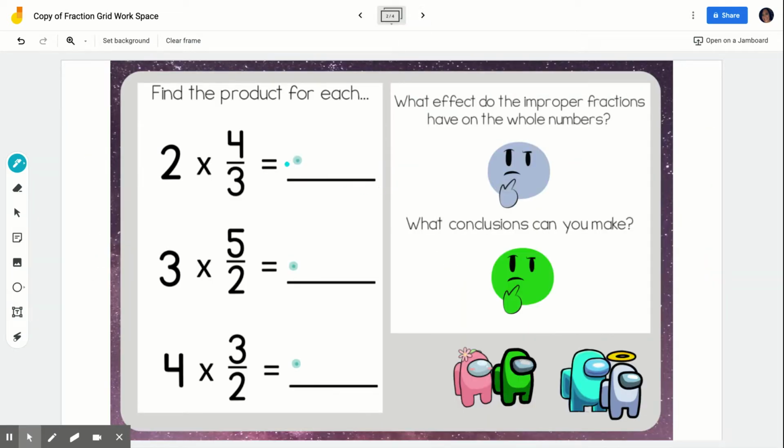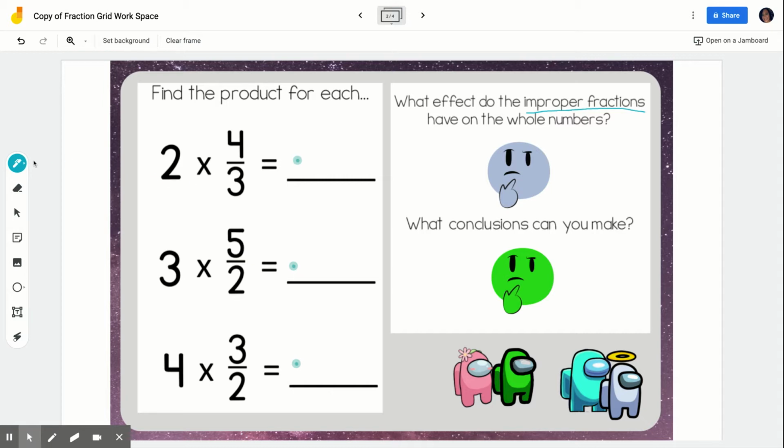So it looks a lot like the last problem, but there is a difference here. Now we're going to solve the same way, but we're going to think about what effects improper fractions have on whole numbers. So it's going to be important to know what an improper fraction is. When we see this larger numerator over a smaller denominator, what is that telling us?